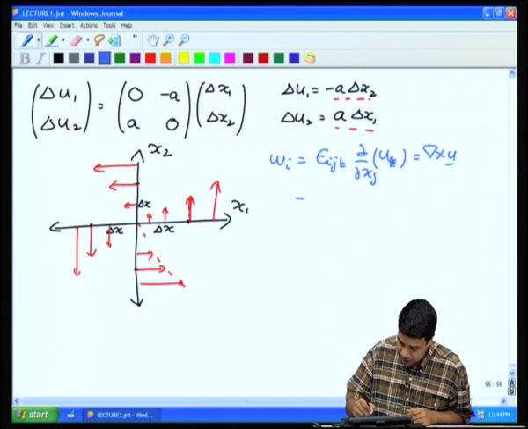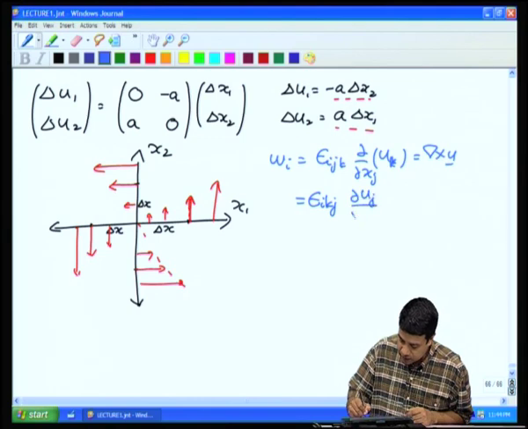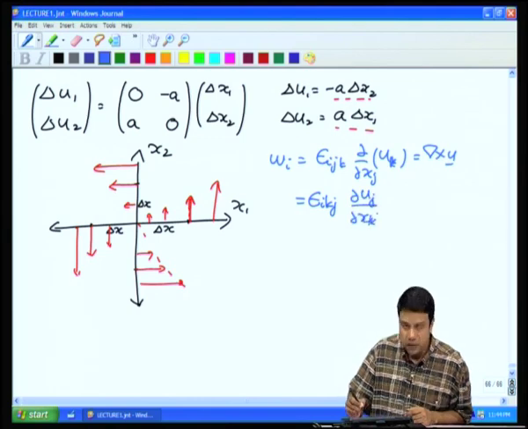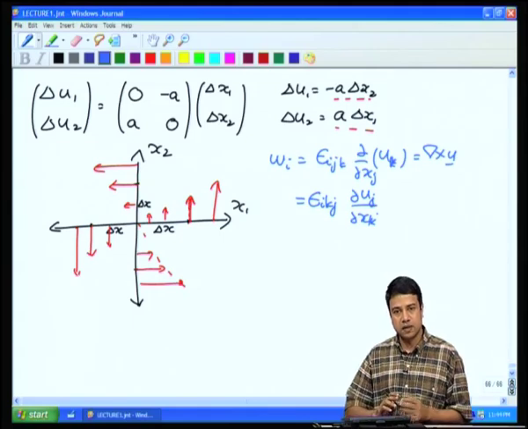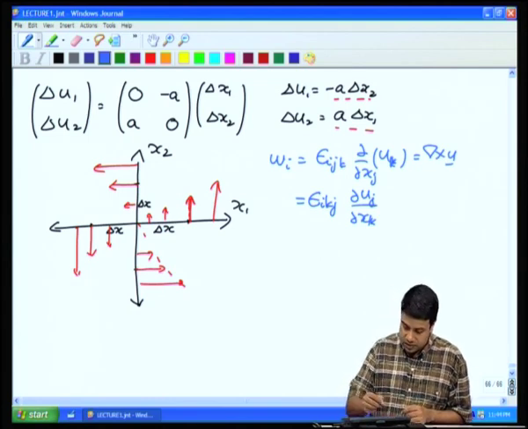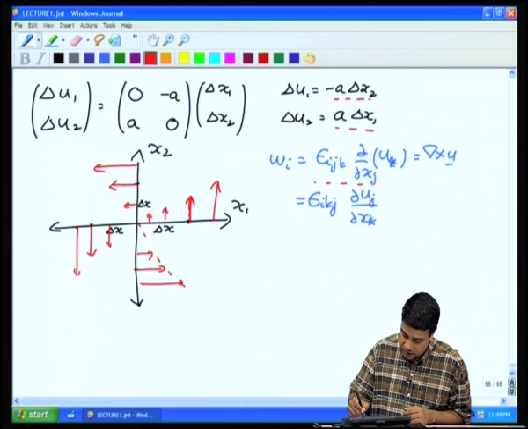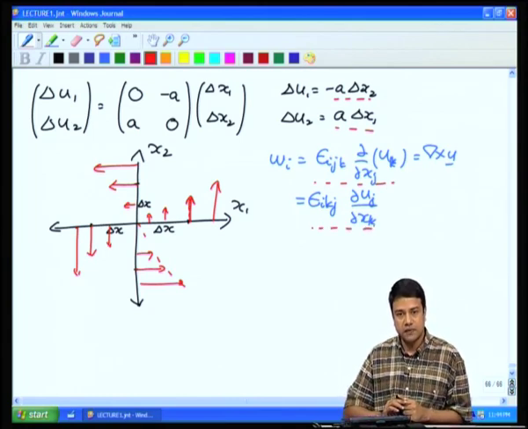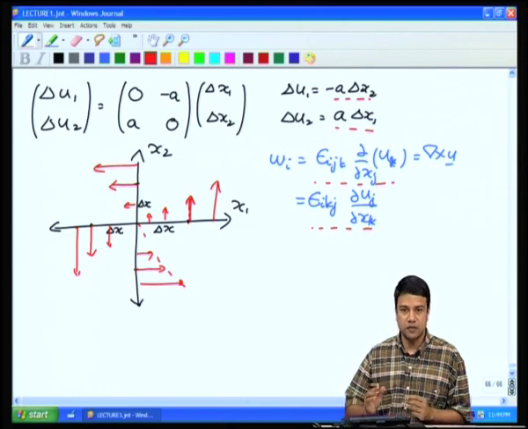So, I can interchange the indices to get exactly the same result. So, this is also equal to epsilon ikj partial u j by partial x k, because I can interchange these two and the result remains the same. So, omega i is equal to this one, it is also equal to this one. So, I can very easily write it as half the sum of those two.